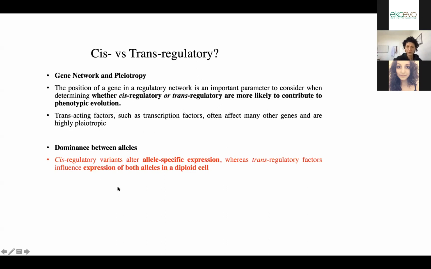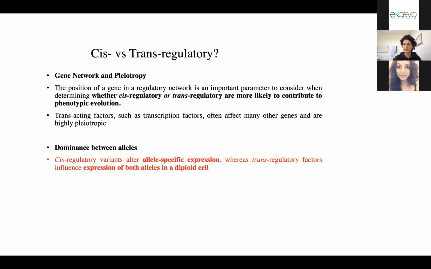But there is one thing that is important: a cis-regulatory mutation happens close by the promoter or enhancer region. That mutation affects that allele only. But trans-regulatory mutations affect transcription after the processing, and they happen far away from that gene.